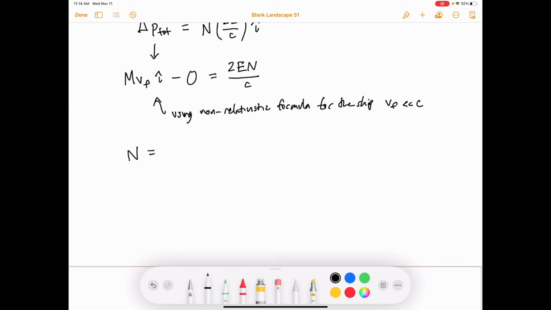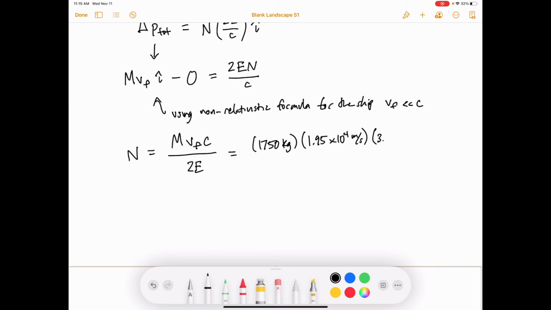So N, if we solve for that, is equal to M, that's the mass of the ship, times V final, that's the final speed it reaches, times C, divided by 2 times E, where E is the energy of each photon. Now, if we plug in what we know, the mass of the ship, 1,750 kilograms. V final is 1.95 times 10 to the 4 meters per second.